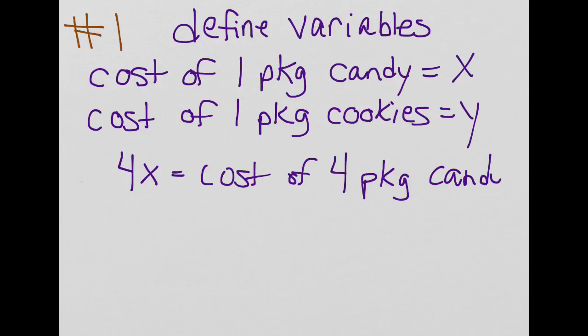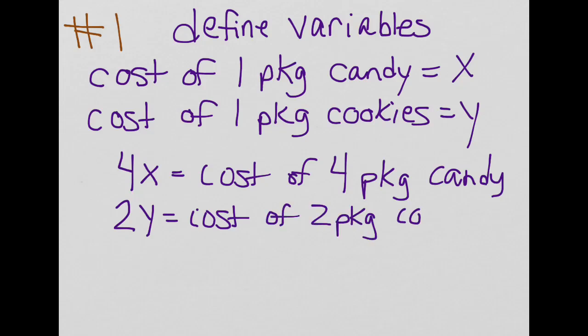All right? Can you come up with an expression to represent the cost of 2 packages of cookies? So the cost of one package of cookies is y, so 2 packages of cookies would be 2y. That is the cost of 2 packages of cookies.